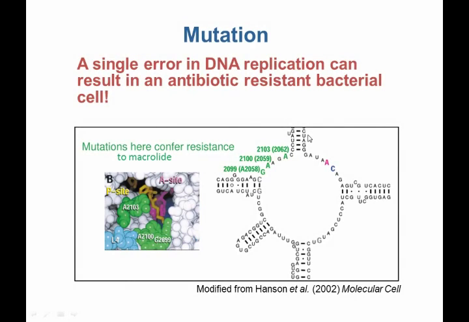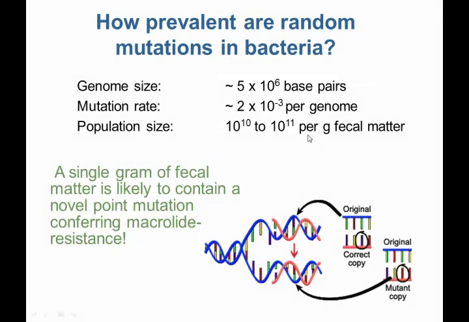How frequent can this occur? Well, you saw how fast they can grow. So here's some statistics that I pulled up. Essentially, if you had a bacterium that had a genome size, so its chromosome was about 5 million base pairs. You consider each one of these a base pair here. And the average random mutation rate is 2 times 10 to the minus third per genome.